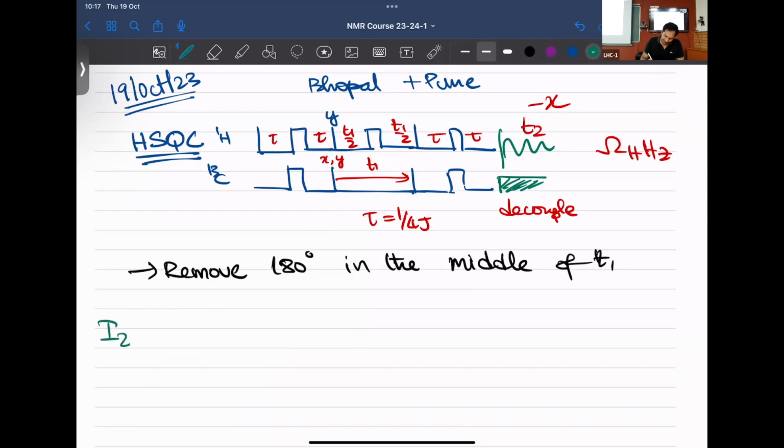You start with IZ. You apply a 90-degree pulse along X for I. You make it minus IY. The tau 180 tau period will only evolve scalar coupling, which will be minus IY since there is a 180.